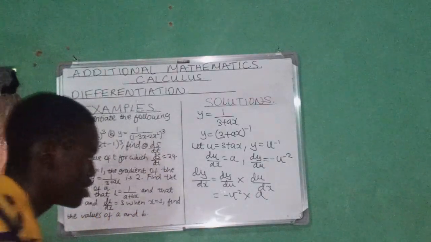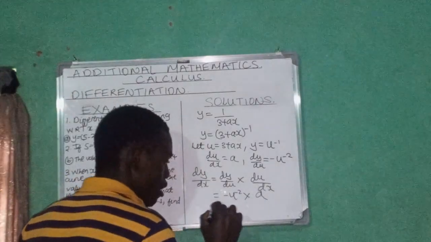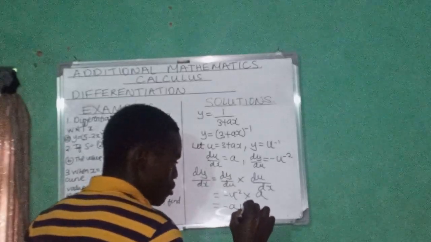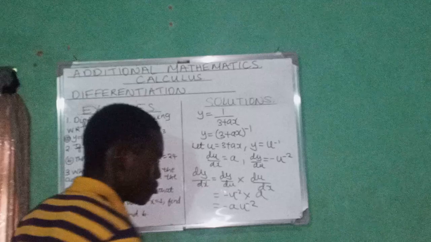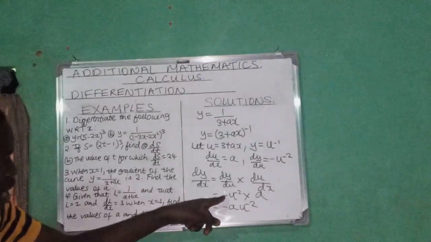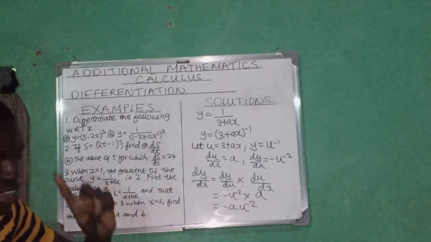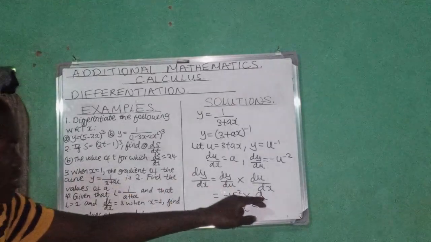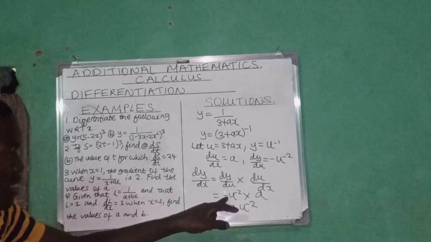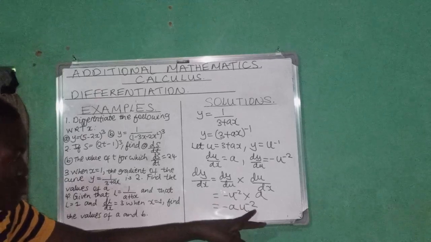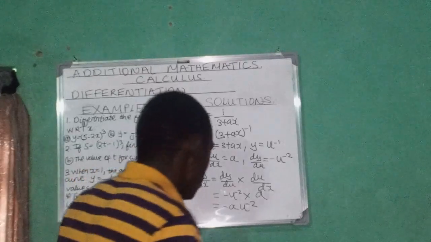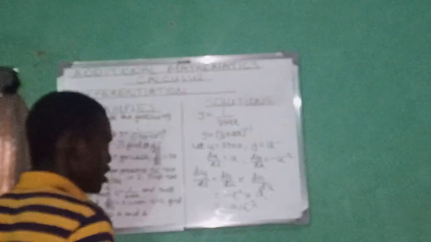If you multiply the two, you are going to have negative a u raised to the power negative 2. I hope I haven't lost anyone. What I've just done is write this in one term, so I multiplied these two. Then I got the negative sign there, but the power negative 2 is still with u. So that is your dy/dx.